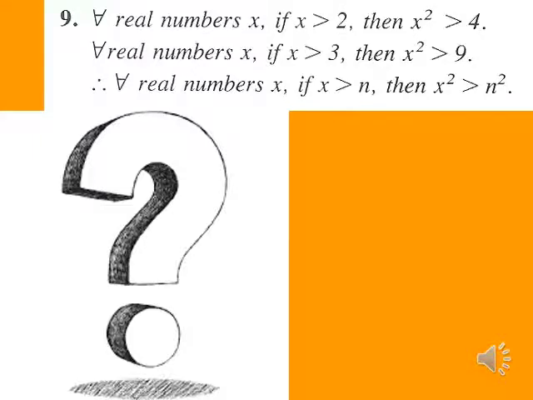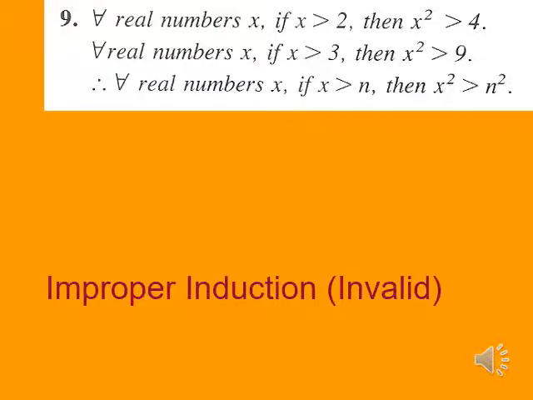So number 9 here says, for all real numbers x, if x is greater than 2, then x squared is greater than 4. For all real numbers x, if x is greater than 3, then x squared is greater than 9. Therefore, for all real numbers x, if x is greater than n, then x squared is greater than n squared. Again, these separate lines where it starts with specific numbers and then they throw n in there, that's kind of the dead giveaway for improper induction.